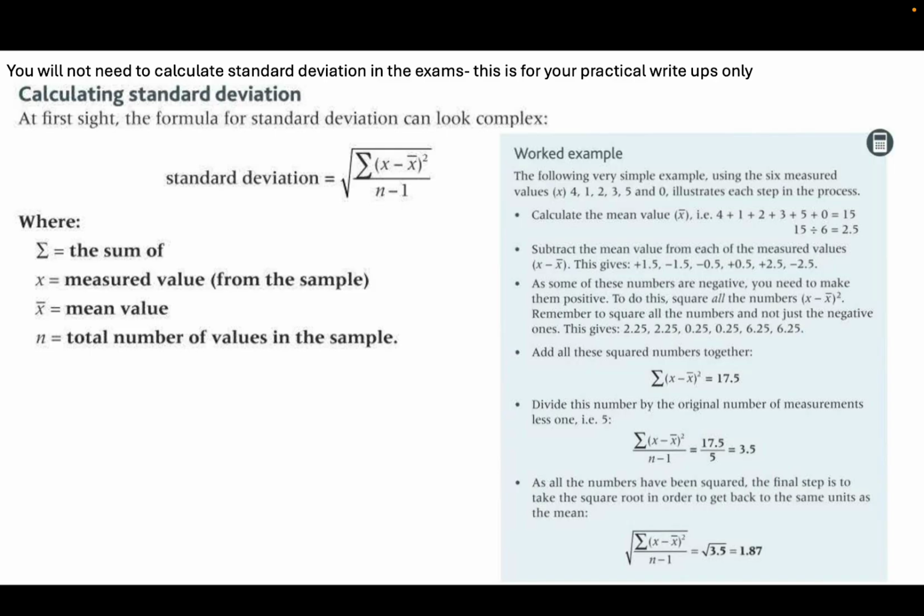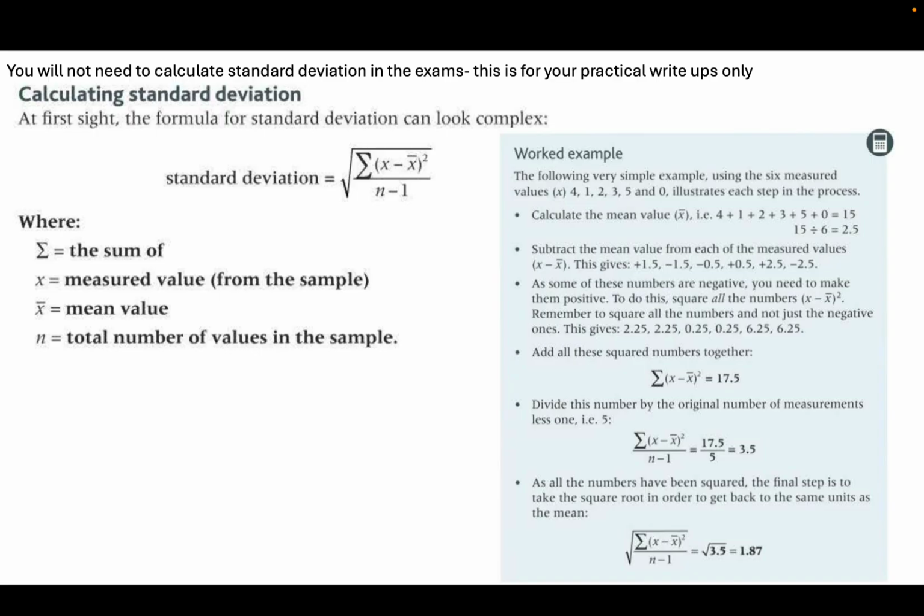So I've got this worked example from the textbook. Let's say you were to get 4, 1, 2, 3, 5, and 0. First step is to calculate the mean value, so x bar, and this is 4 plus 1 plus 2 plus 3 plus 5 plus 0, which is 15, and you have 6 values, so you divide your 15 by 6 to get 2.5.